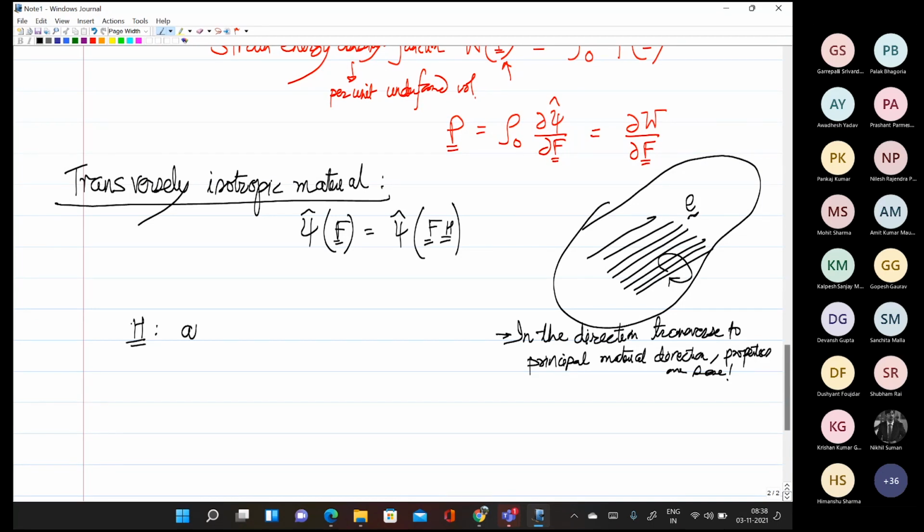So H is then all rotations about E. And of course, we know that due to objectivity, this psi hat only depends on C, and therefore, after using symmetry, this must be something like H C H transpose.